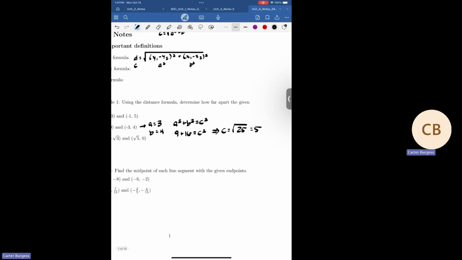So just identify how far have I traveled in the x, identify how far have I traveled in the y, and then those are the legs of your right triangle.